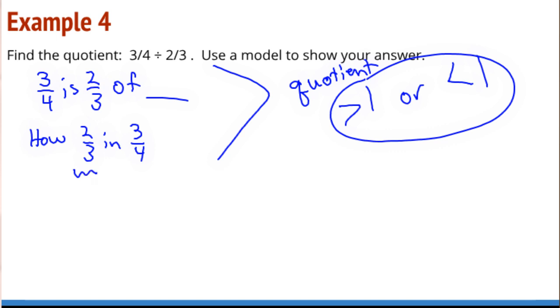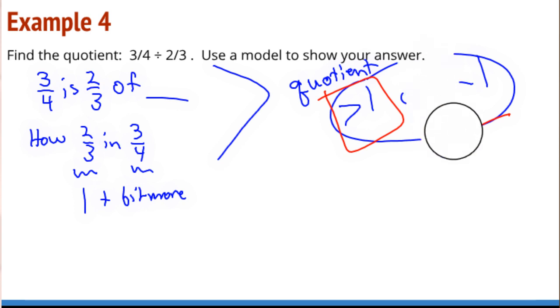How many 2/3 in 3/4? Well, there's at least one 2/3 in 3/4, which means that I'm going to have a little bit of a remainder, so I can fit it in at least once, plus a bit more, which means my quotient is going to be greater than 1.